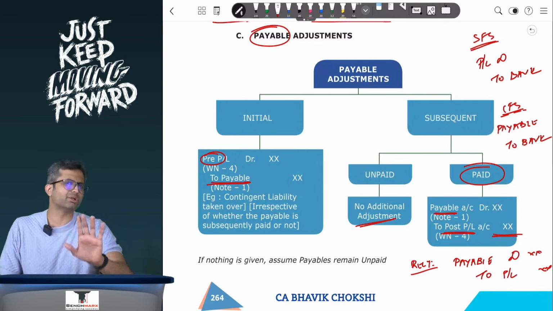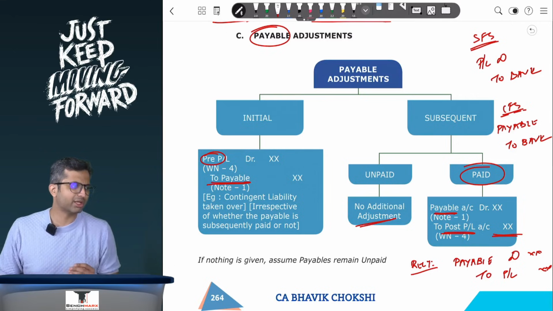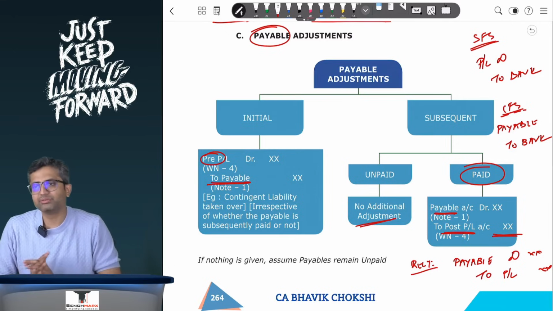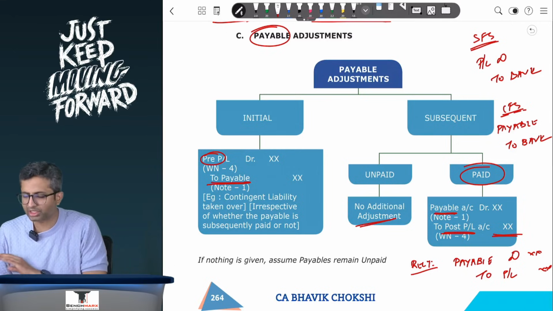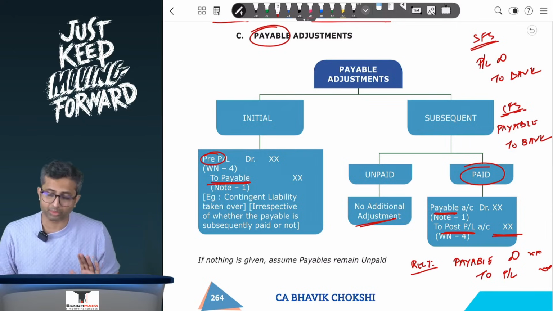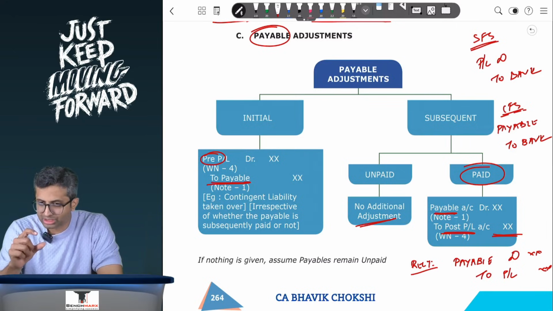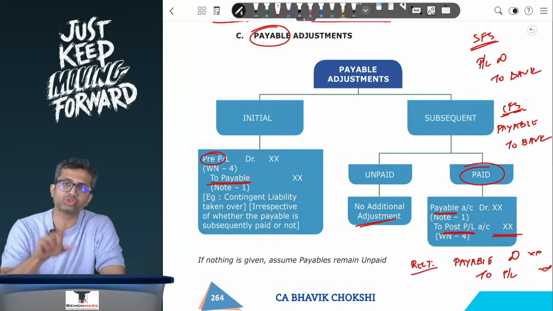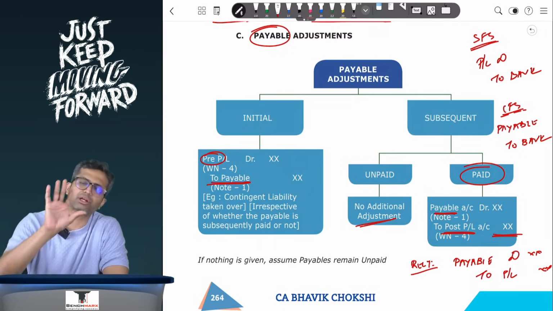This poses a bit of a problem for a lot of students. So, I say time and again, if there is a fair value adjustment, let it be for land, building, inventory, or payables, you figure out the changes up to the date of acquisition; those changes will be adjusted, second effect against pre-P&L.